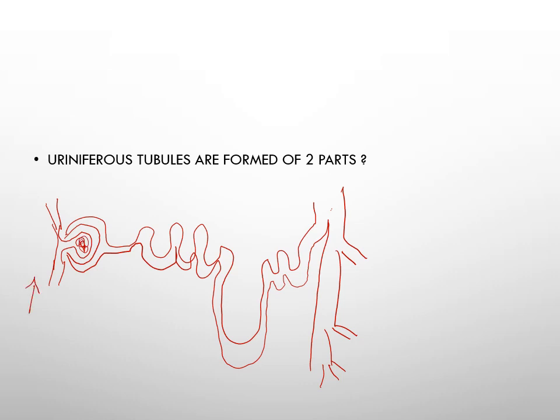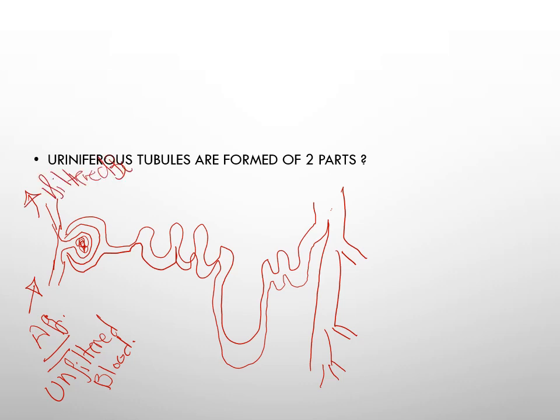So what does the afferent arteriole contain? The afferent arteriole contains unfiltered blood, whereas the efferent contains filtered blood. This area is called the vascular pool, and this area is called the urinary pool.